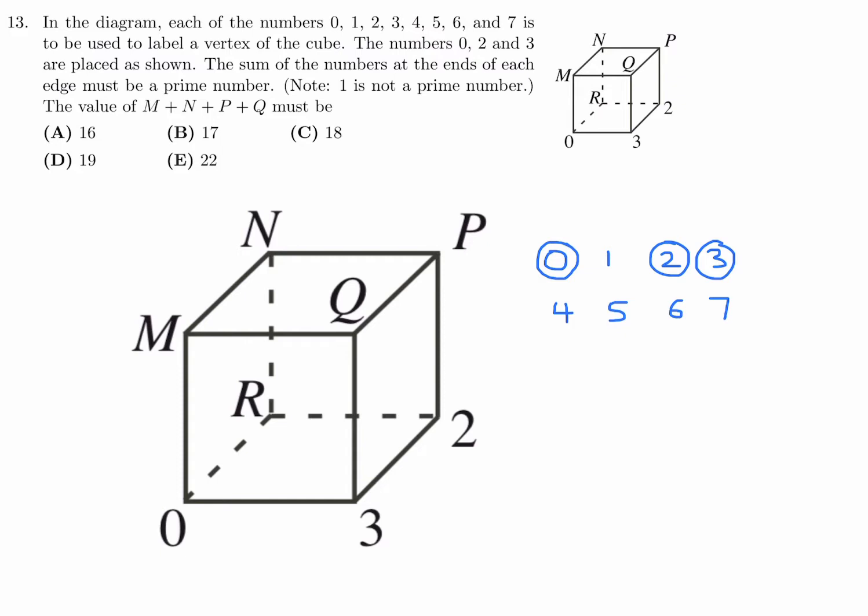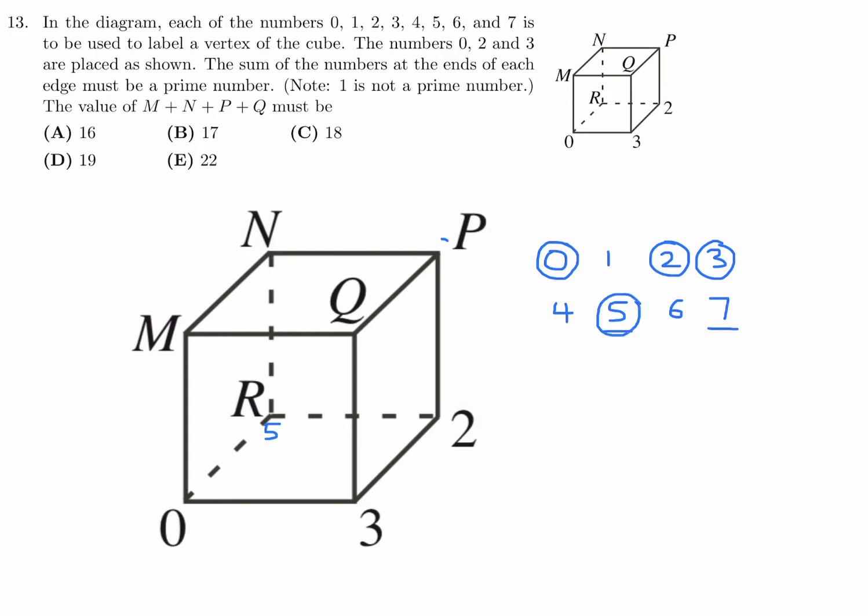No. 0 plus 7? 7 is also a possibility. So r can be either 5 or 7. Now if it's 5, 5 plus 2 would be 7, and that would work. But if it's 7, 7 plus 2 is 9. That would not work. So therefore, r must be 5.